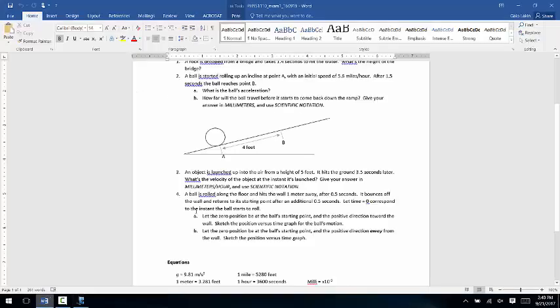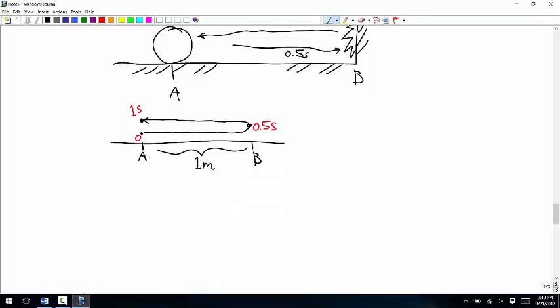And now for part A, 0 is at the ball's starting point and positive is toward the wall. So this is 0 position. Positive is this way. And so if you start at 0 and go 1 meter in the positive direction, what's the label for B? Yep, positive 1.